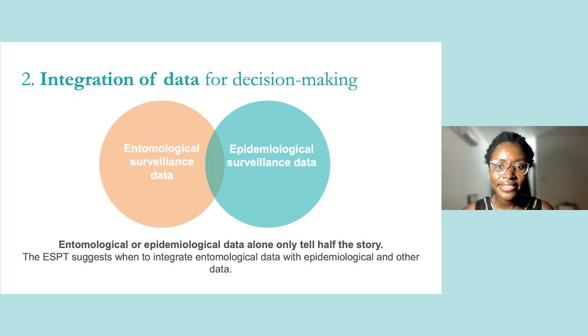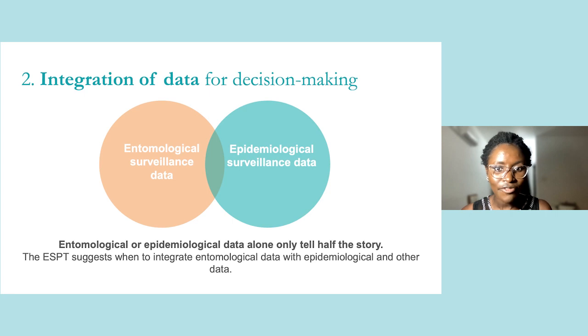As you know, analyzing entomological data alone will rarely tell the whole story, and the same can be said for epidemiological data. Entomological and epidemiological data alone only tell half the story. Therefore, this data should be integrated and analyzed together to identify relationships and trends and to inform intervention selection and targeting.